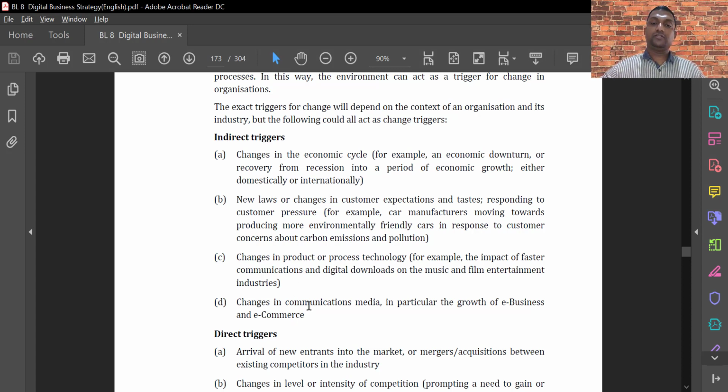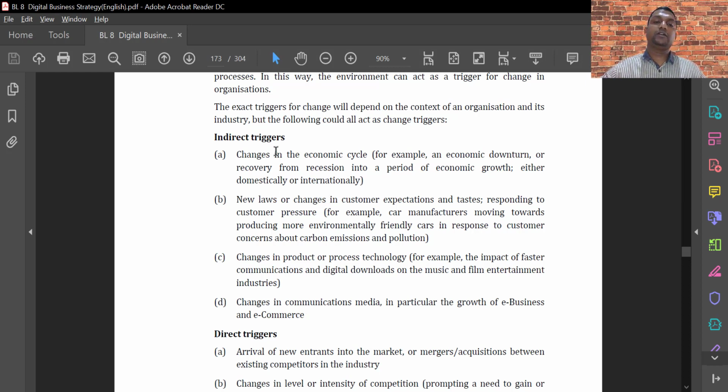Changes in communications media, and in particular growth of e-business and e-commerce. When the organization starts using different types of online media and social media, that also will be an indirect trigger to this organization, because if you don't adopt that also, you may not keep up with the competition.